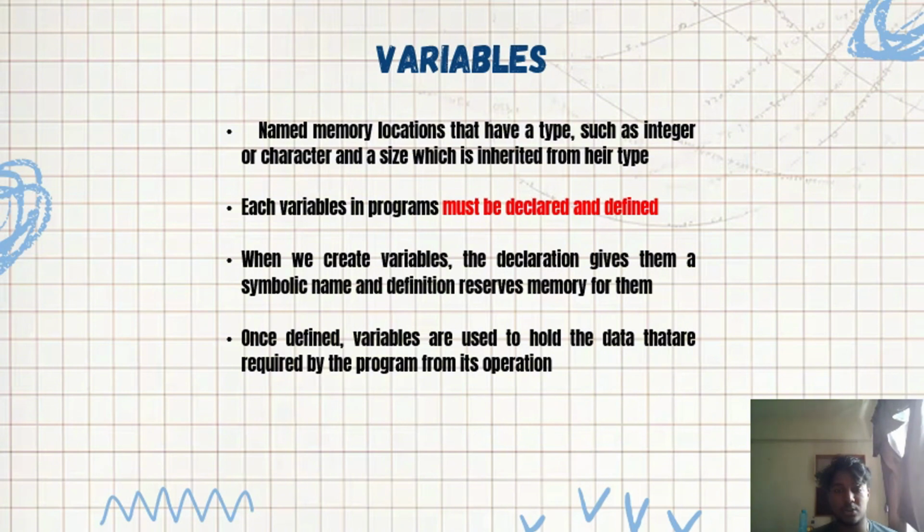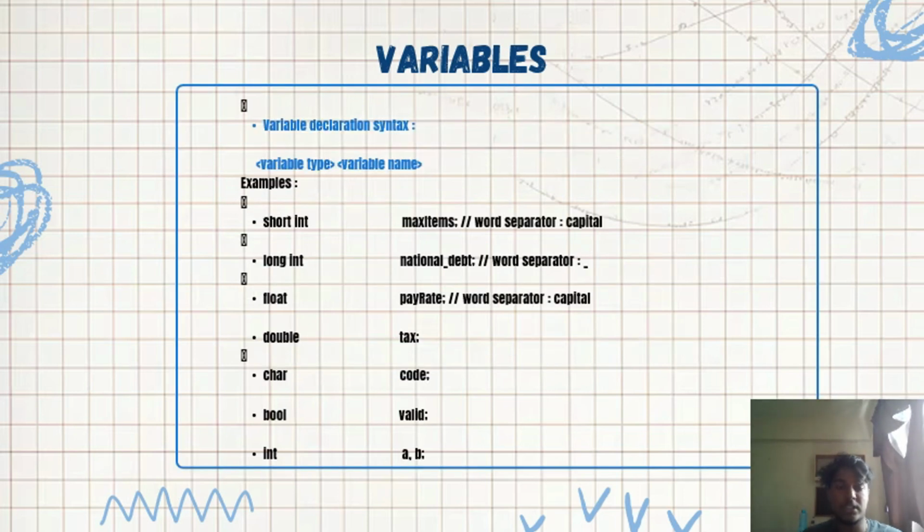Once defined, variables are used to hold the data required by the program for its operation. These are a few examples of variables. Before we start any variable, we need to put a variable type and variable name to it. And these are the examples for it.